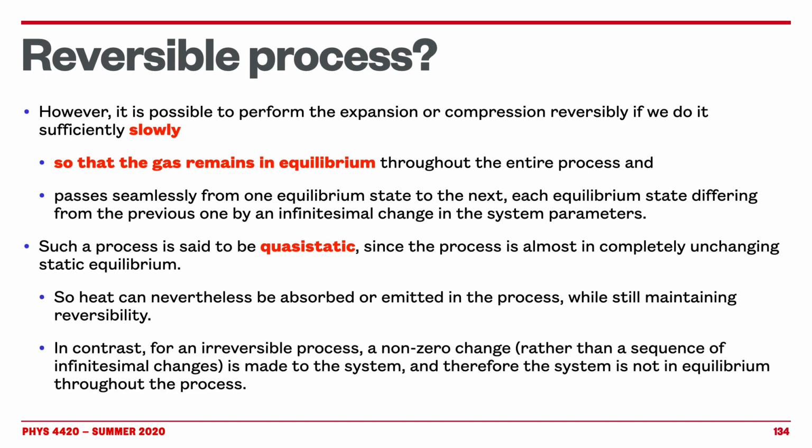We need to remember that that's the difference between a reversible process and an irreversible process. One is done quasi-statically, and the other means that we are out of equilibrium throughout the process. Okay.